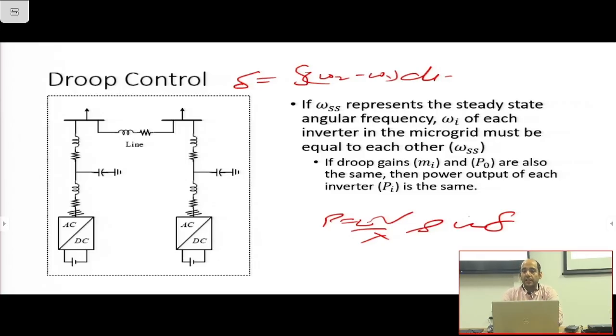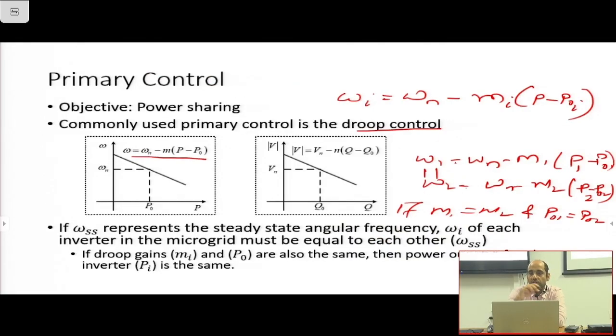So to consider this case, we put a generalized droop equation which considers droop in both. Now you see here in this equation, just like frequency, I have written another equation for the voltage magnitude. The voltage magnitude equals V nominal minus n_Q (Q minus Q naught). Correct?